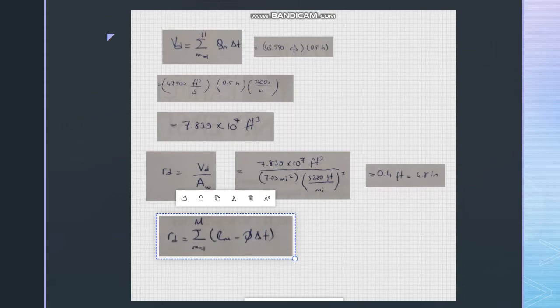Okay, so in order to do this one, let's start with when m, the interval, is 1. What happened when the interval is 1?